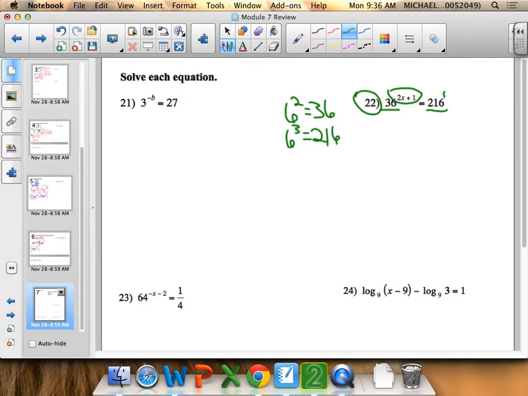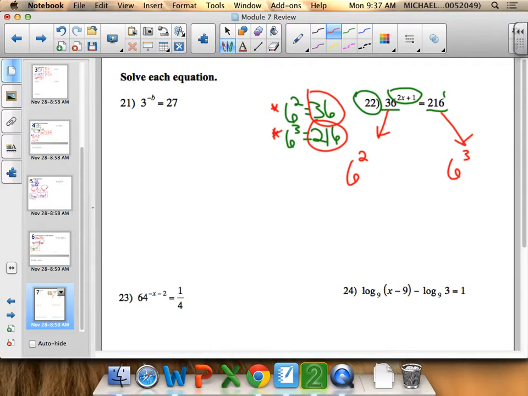In the column of sixes, you should see that I find a 36, I find a 216. 36 can be rewritten as 6 squared. 216 can be rewritten as 6 to the third. That's what I'm going to do. Instead of 36, I will rewrite 6 squared. Instead of 216, I will rewrite 6 to the third.